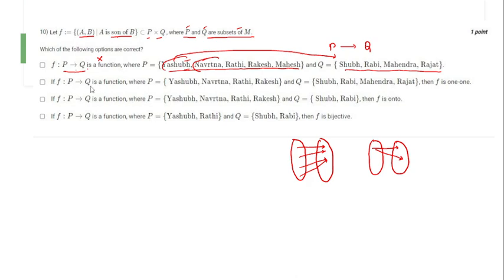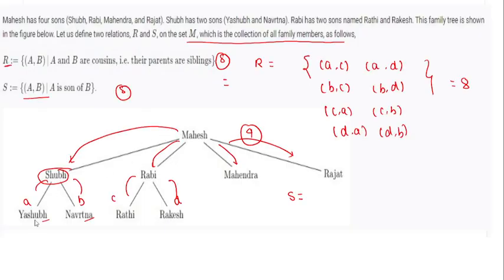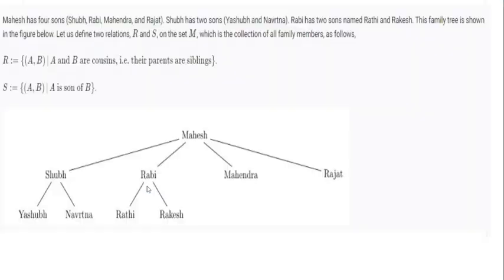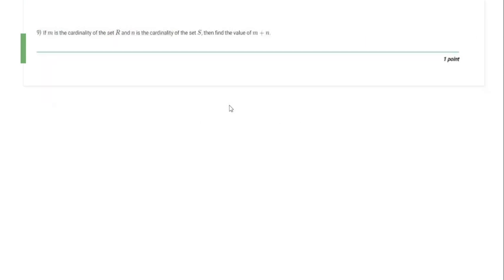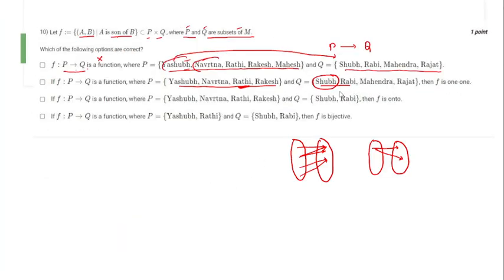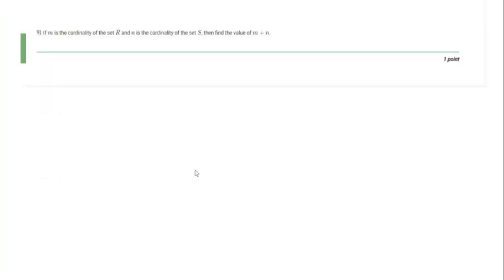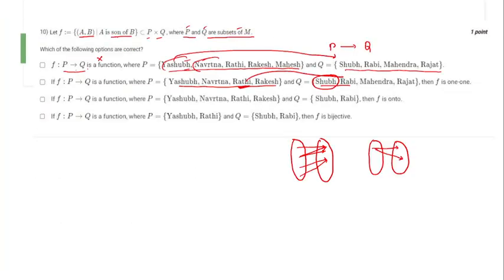The second option is Ysubh, Navratna, Rathi, Rakesh, then Subh. Ysubh and Navratna, these two are matching with one. So this can happen, but Rathi will match to Ravi.